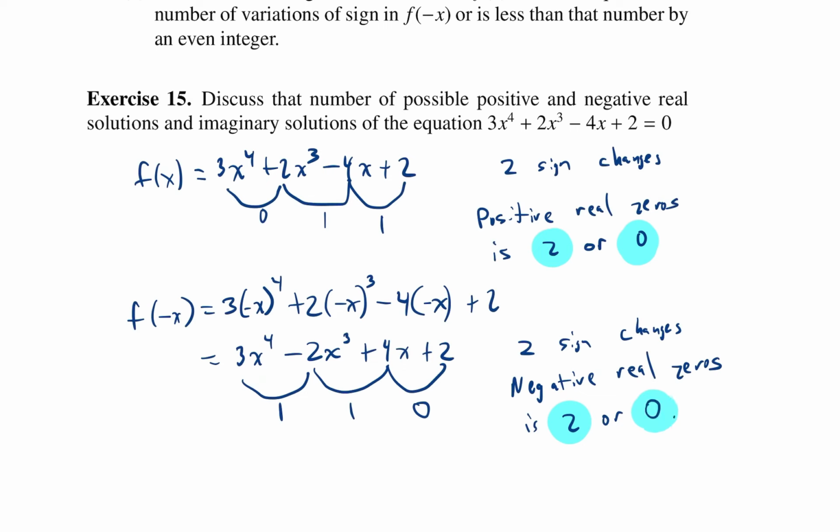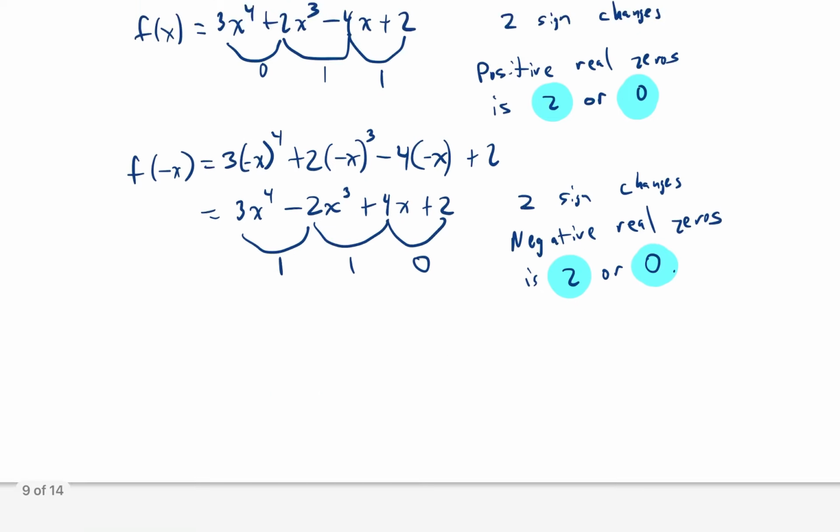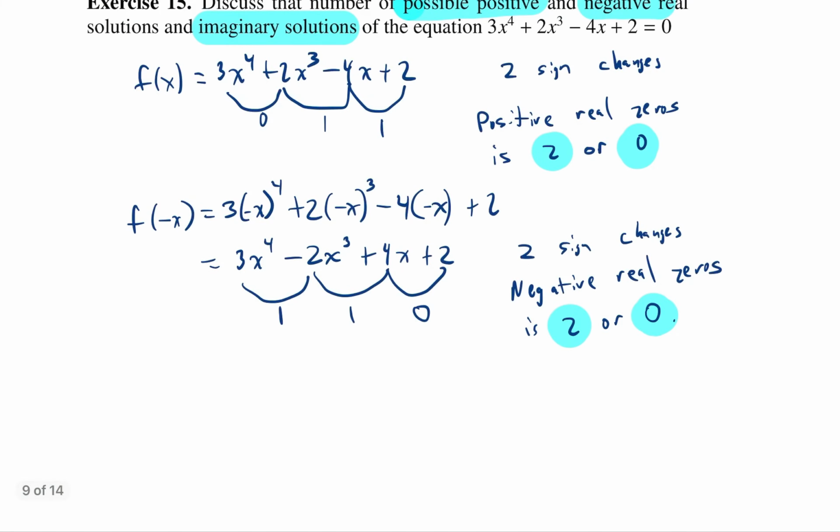So now we can discuss, it says discuss the number of possible positive and negative real numbers and imaginary solutions as well. So possible positive, possible negative, and possible imaginary solutions. So as a summary, I recommend that you do a table like this.